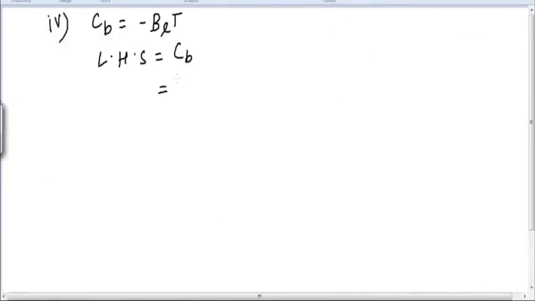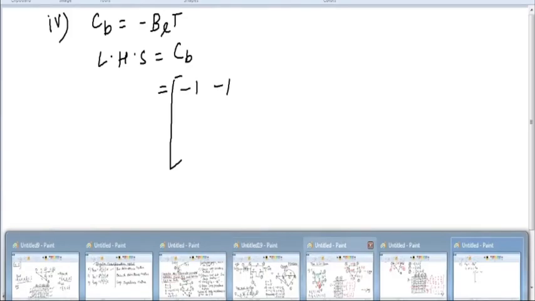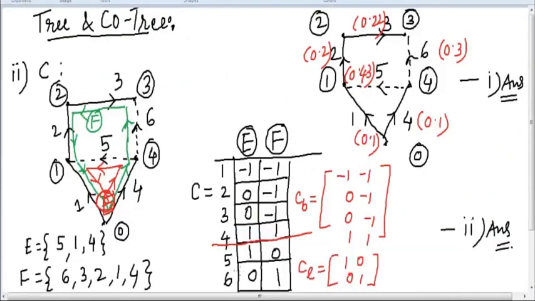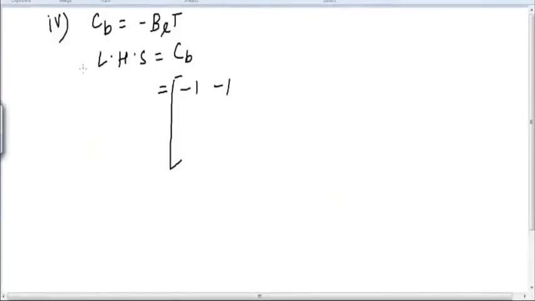CB is equal to minus 1 minus 1, then what is the second entry? 0 minus 1, 0 minus 1 and the last one is 1 1, right? So this is our CB.